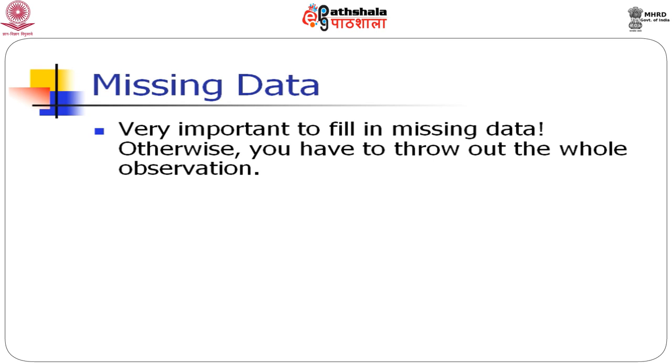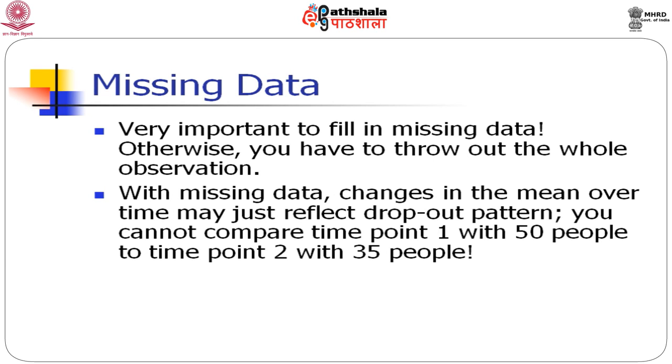But the problem is that if you observe 50 people at time point 1 and you get the measurements, and because of missing data you get for time point 2 only 35 people, then it's not balanced, you cannot compare them. So that's the problem with longitudinal data where missing occurs.